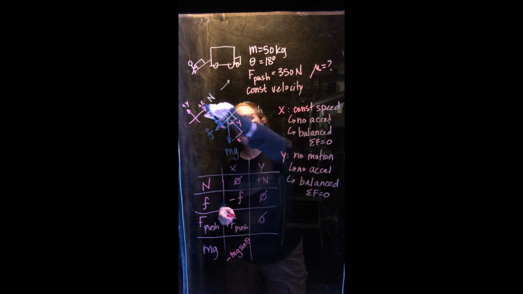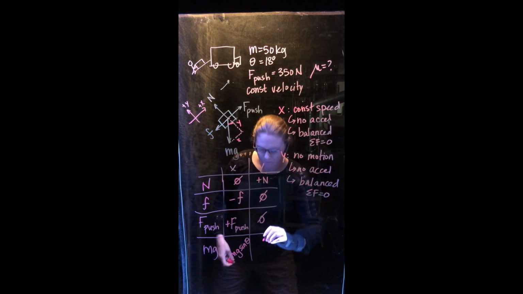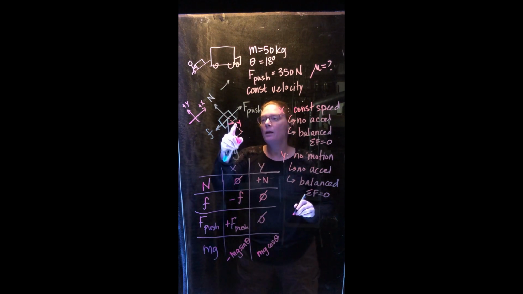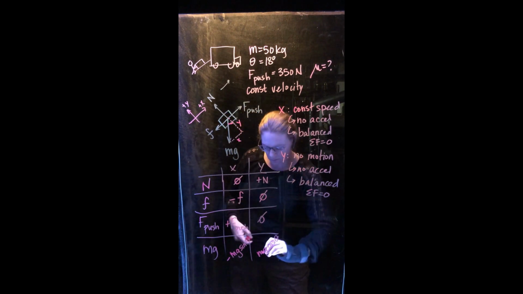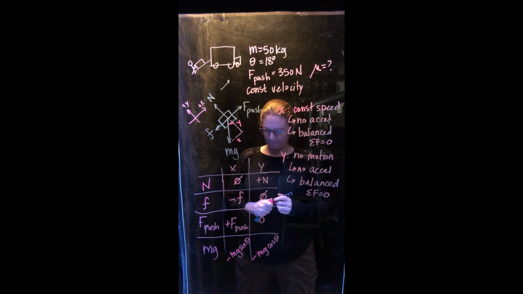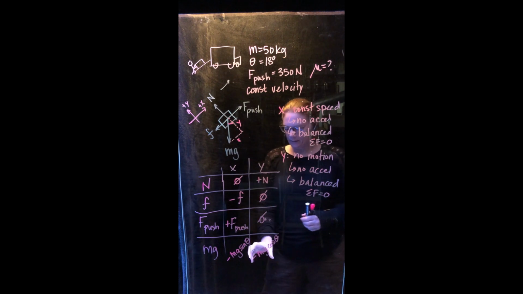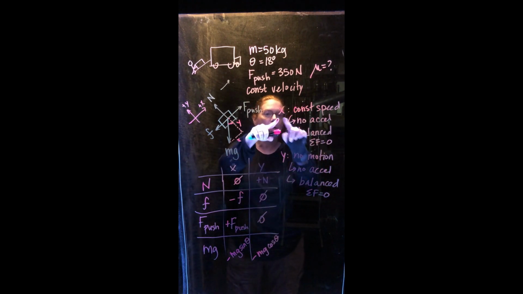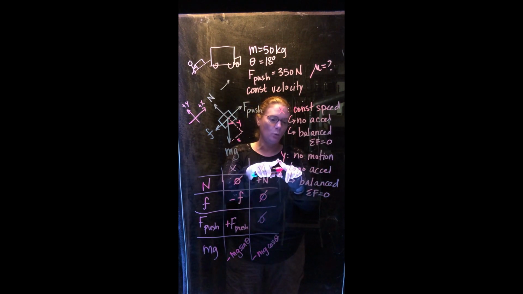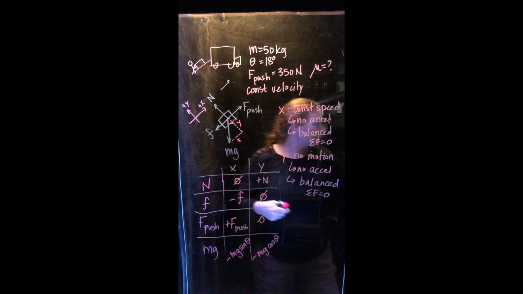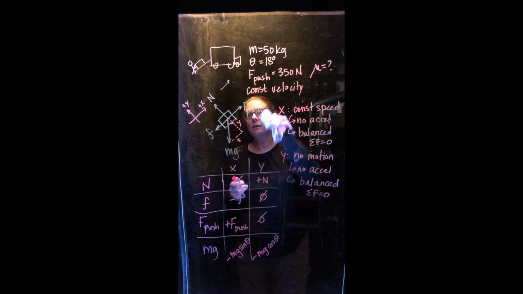Then the y component, this one, adjacent, so that's the cosine component, mg cosine theta, and that's down, that's negative as well. All right, so we have our forces all broken up into the x's and the y's, and we know that in the x direction, forces have to add up to 0. We know in the y direction, forces have to add up to 0 as well. So let's do Newton's second law.